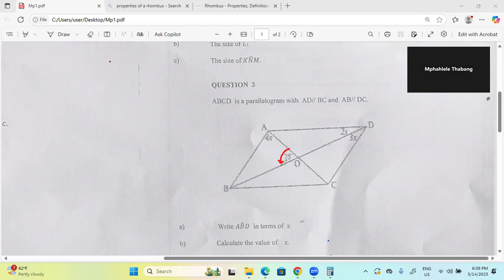He gave me this one, it's 75, and he said I should find this angle here. I found it being 3x. So it's easy actually to find x because I will focus on triangle ABO. I will focus on this triangle ABO.